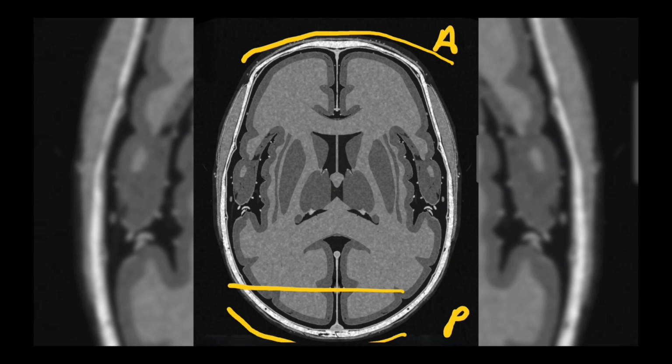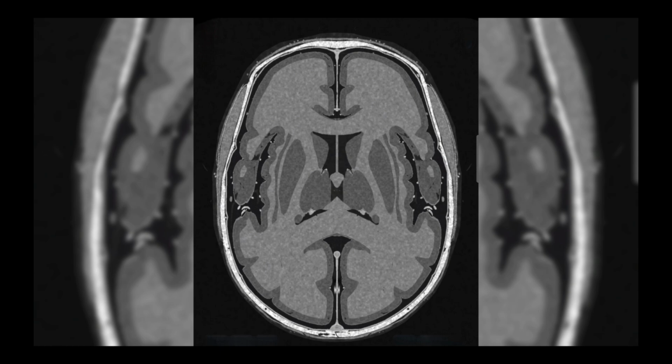The next step is to identify the skull and the scalp. We start from the outside and move inward. The first structure we can identify is the scalp. There is a thick structure. The outside structure is called the scalp, and deep to the scalp are the skull and the cranial vault.